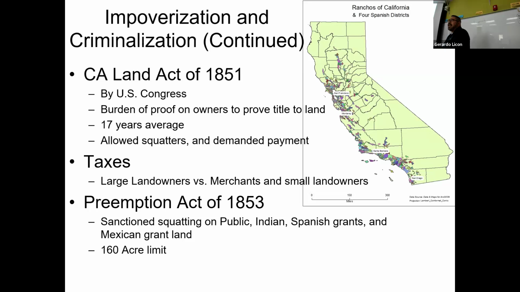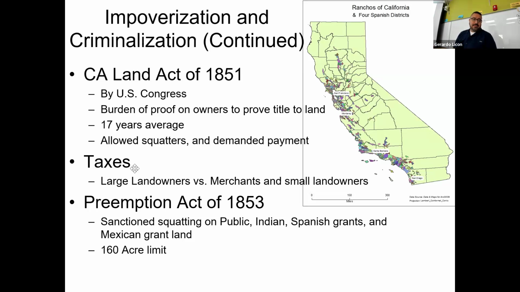They also lost the land to the lawyers that they paid for 17 years. And again, they didn't have a lot of cash to pay the lawyers. So they ended up paying the lawyers with chunks of their land as well. And so all these legal ways of taking their land, of chipping away at their land.